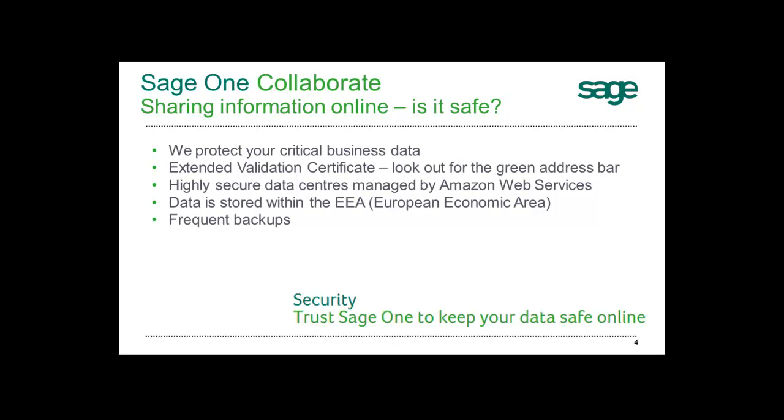We perform frequent backups, often about once an hour, and store the backup copies in an entirely separate location, and we maintain spare server capacity in a separate data center to instantly take over in the event of a problem or failure. We also protect your data with 128-bit encryption, which is equal to that of online banking. We have multiple firewalls and other measures designed to also keep hackers out.